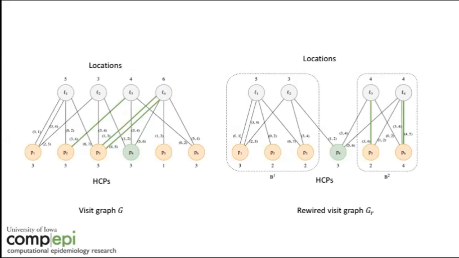We also want to take into account costs associated with this clustering and rewiring. We want to make sure that the demand that exists in the original graph is met in the rewired graph. And we also want to make sure that HCPs are not overloaded. These are some of the costs that we want to take into account while doing this rewiring.